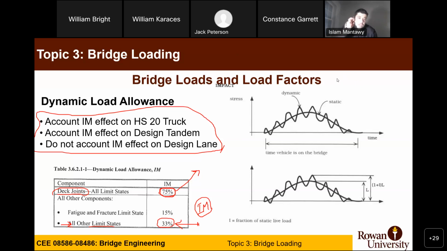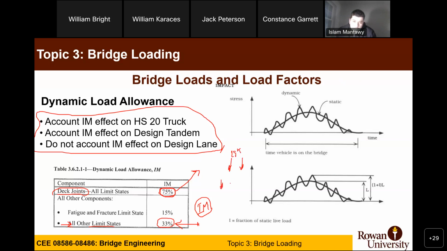You can see here, the answer is in the slide actually, but if I ask you which component of the design we have to apply dynamic load allowance, IM to. So you have the design tandem, which is 25 kip each axle, correct?